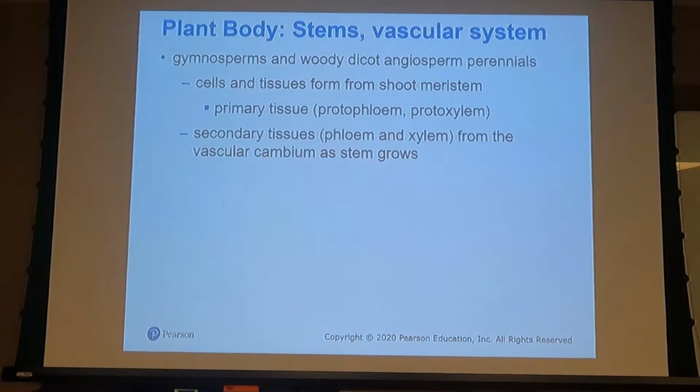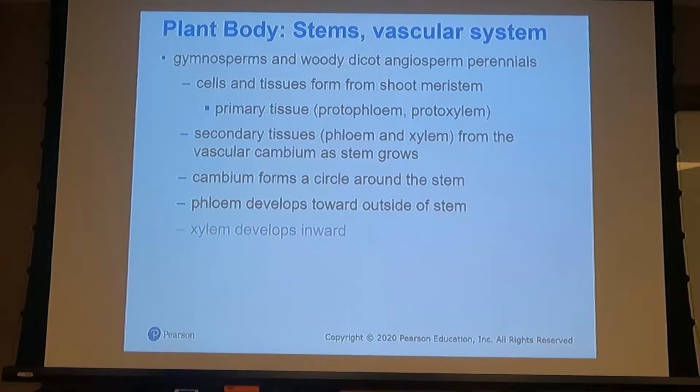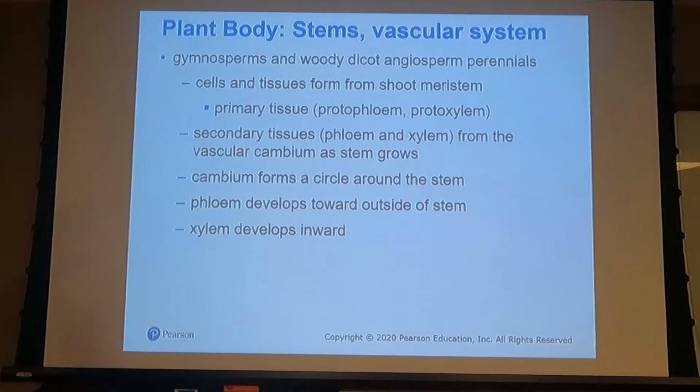Our secondary tissues, our cambium forms a circle around the stem. The phloem develops towards the outside of the stem, and the xylem is going to develop inward.